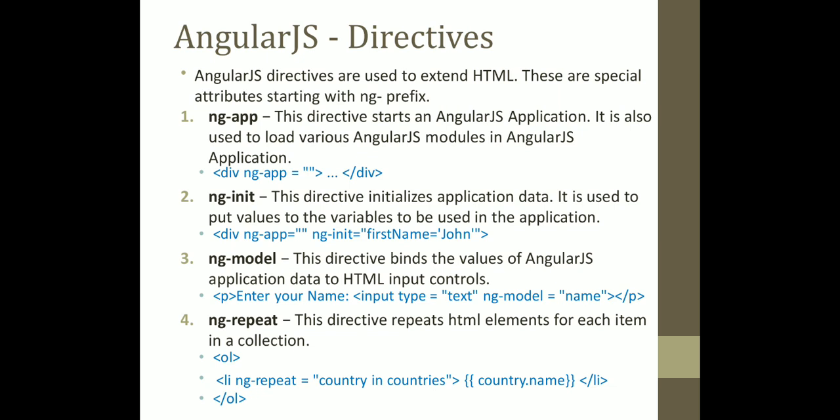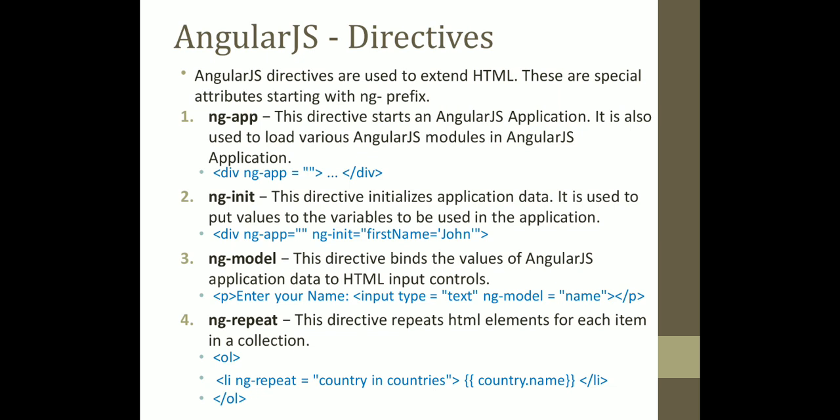For example, if you want to use ng-app in HTML, then we will start the HTML tag, and after html we will use a space, ng dash app, and close that HTML tag. Okay, so this can be a way to represent a directive.